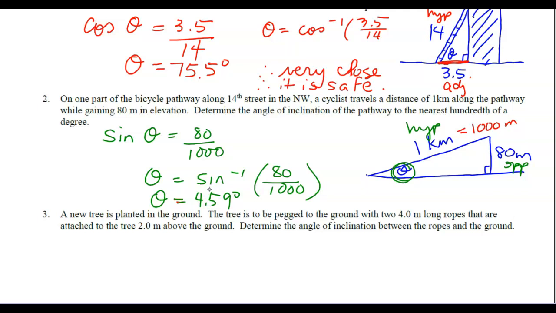We have to get rid of this sine. On the first question, we were looking at an angle. Yes. 53.1? No. Yeah, it's 80 over 1,000. It should be pretty small because it's an angle of incline on a pathway, right?